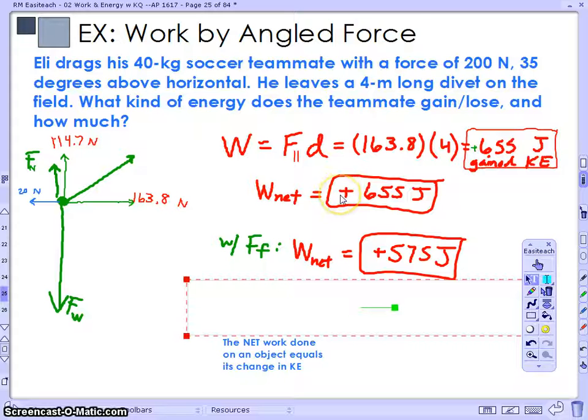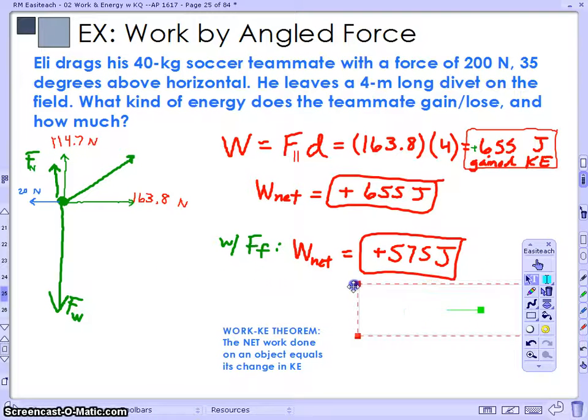So that's taking away 80 joules of work. If there were friction, the net work would be 575 joules. And it's the net work that determines the amount of kinetic energy that was gained.